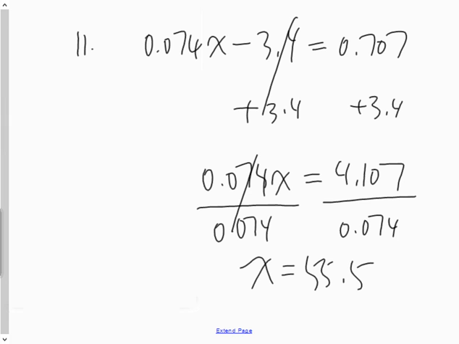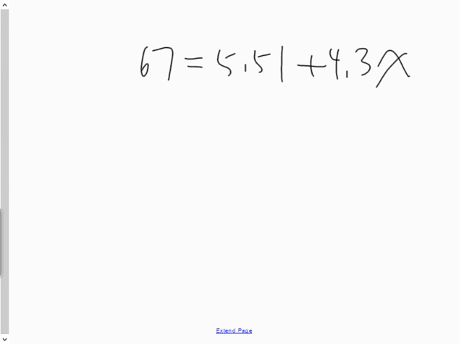Is that right? Good. No mistakes yet? Am I really going the whole video without making one mistake? Question 12: 67 equals 5.51 plus 4.3x. Variable is on the right. Constant is this. Coefficient is this.